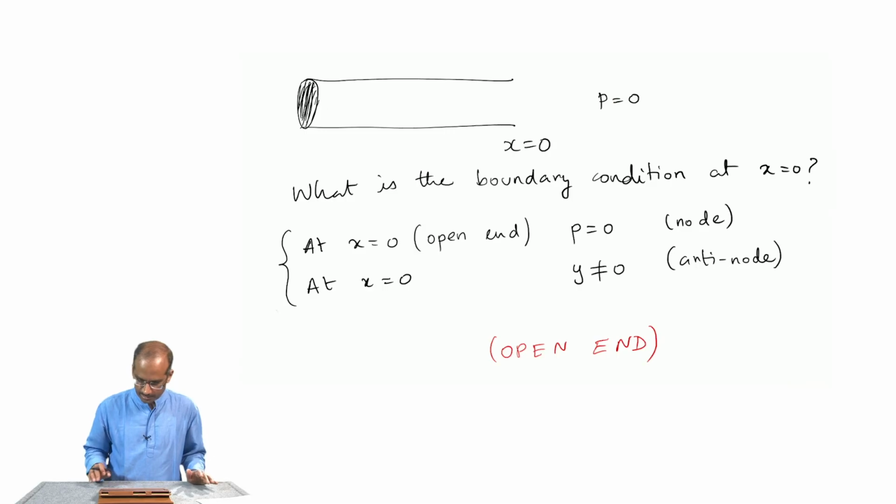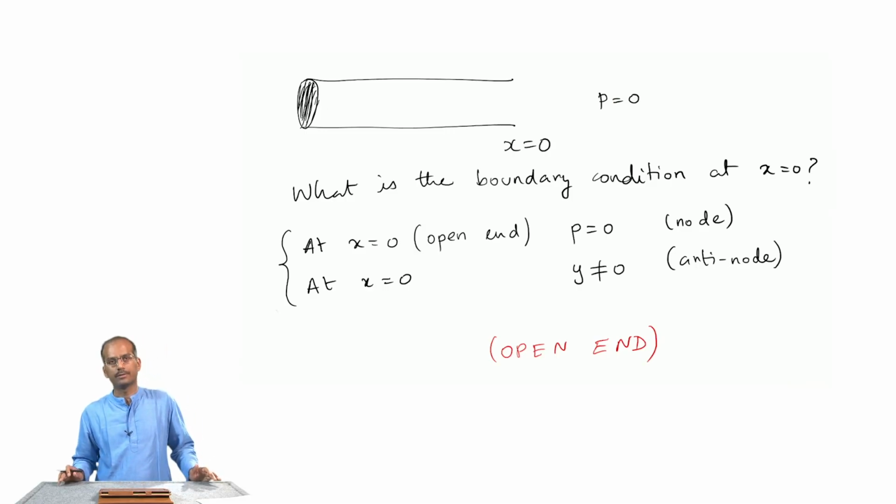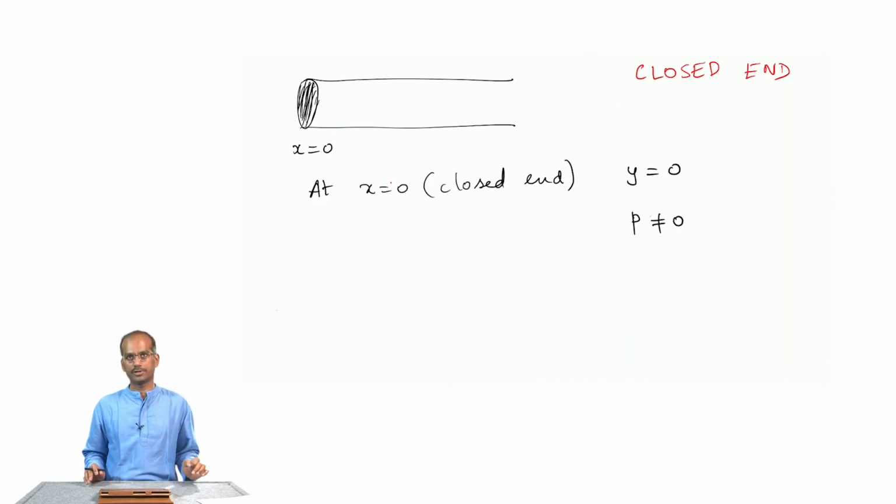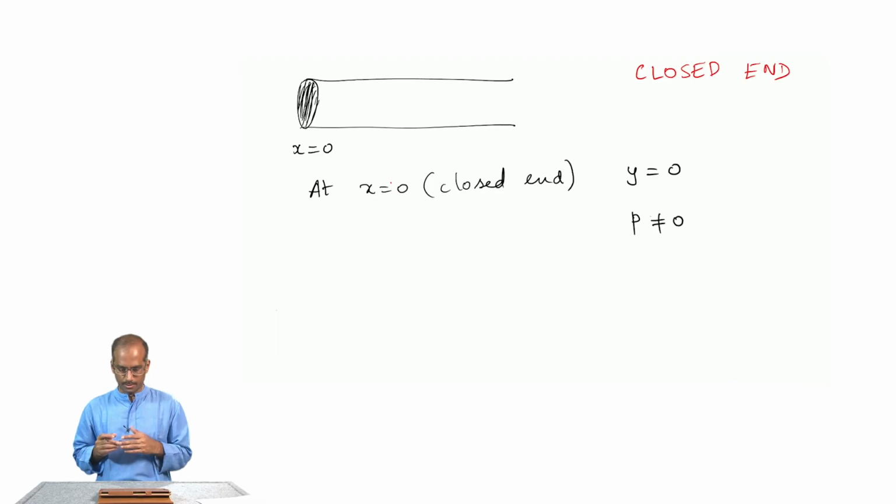So, we saw that for the case of open end, at the open end the pressure has to go to 0, and for the case of closed end displacement has to go to 0 and pressure will not go to 0. So, it will be a node for displacement, but an anti-node for pressure.